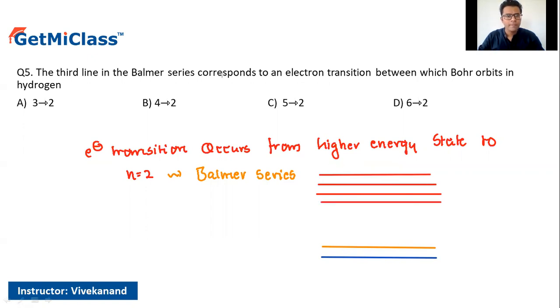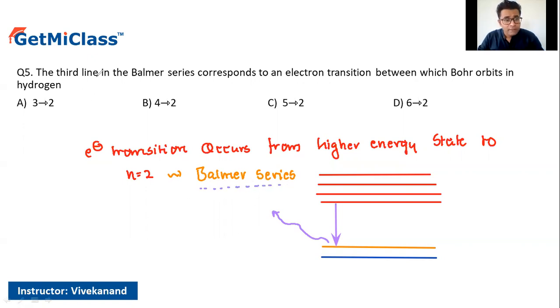Now, whenever a transition of an electron occurs in such a way that it falls to the second energy level, the energy that has been ejected out corresponds to the Balmer series.